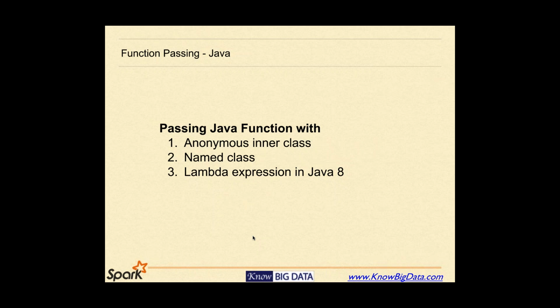Now, those who are looking for Java functions, the only part you need to understand clearly is, one, what libraries to use when we are doing Java, and second, how to pass a function to filter and map and other transformations and actions.